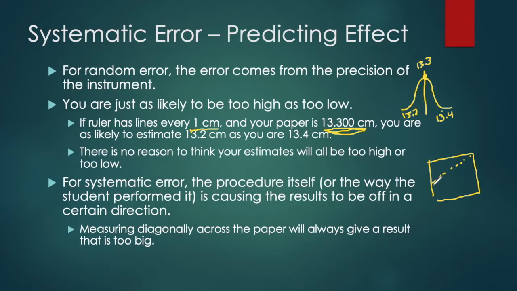So the students who do it wrong, that is a reason to think that the students are all going to get a measurement that's too high, 13.4 or 13.5, because they're not measuring along the edge, they're measuring along a diagonal. So this is a systematic error. Just differences in the estimation would be a random error. It could be too high or too low. But doing it a certain way, this way, is going to make all of your measurements too high. So when we're predicting the effect, we're talking about systematic error.